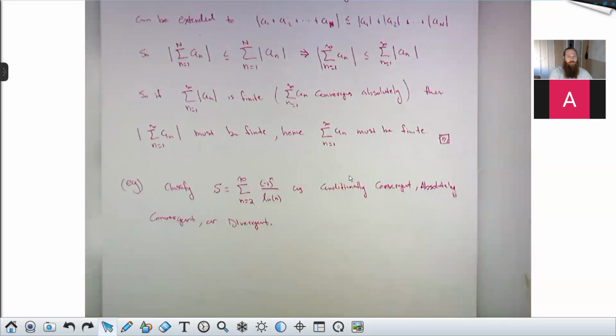is to classify some series that look like this as conditionally convergent, absolutely convergent, or divergent. Does anybody have an idea as to how you could get started on this?